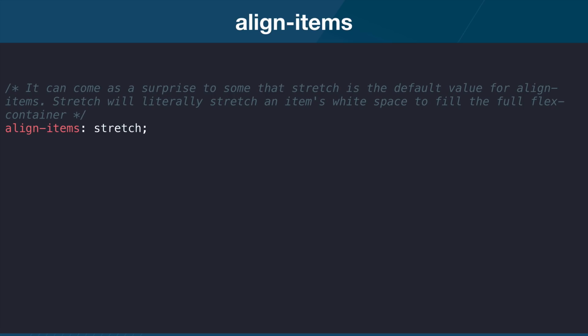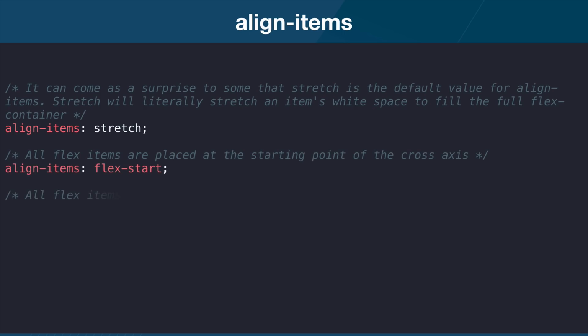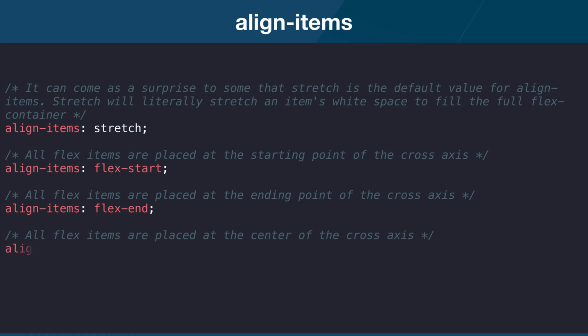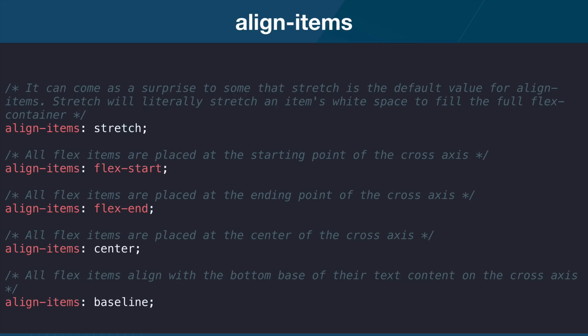Ways to override that are with flex-start and flex-end, so you can place them at the start or end of the cross axis. Also, we have center, and of course, we have baseline. With center, all items are placed at the center of the cross axis. And with baseline, all flex items align with the bottom base of their text content on the cross axis.